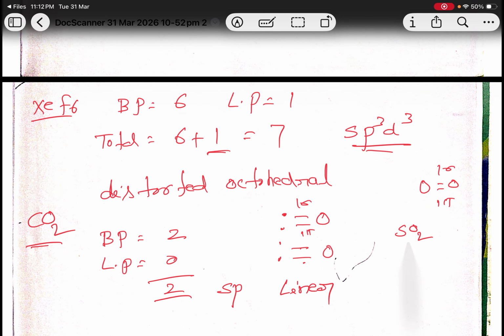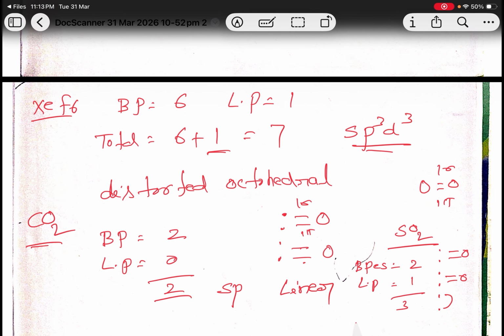Similarly, the SO2 molecule. Sulfur belongs to the 6th group element. So it contains 6 valence electrons. 1, 2, 3, 4, 5, 6. It contains 2 oxygens. Here one lone pair. So double bond means here only one sigma bond. So bond pair of electrons are 2. Lone pair of electrons are 1.